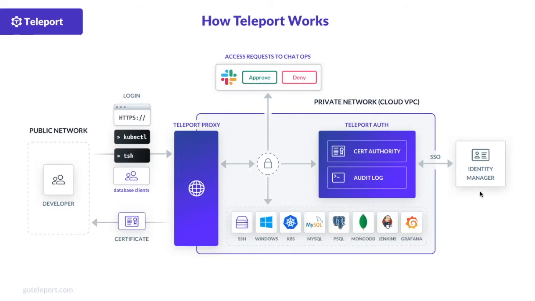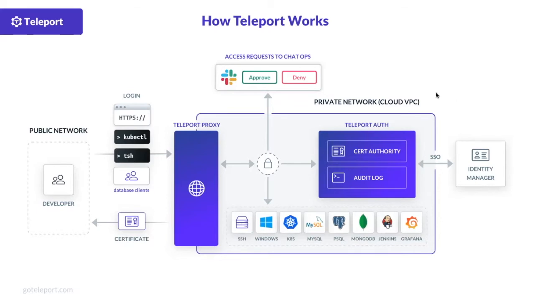I'm using Auth0. So when I do this TSH login to my Teleport proxy, it's going to start the SSO sign-in. So that's going to handle the authentication side of my Teleport cluster. The things that I'm actually authorized to access will be based on a Teleport role that I'll receive. So with Teleport, you're able to map the groups that exist within your identity provider to roles that you can create within Teleport.